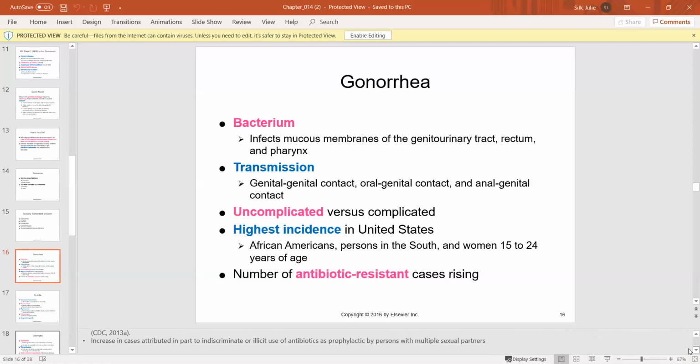Increasing cases are attributed in part to indiscriminate or illicit use of antibiotics as prophylaxis by persons with multiple sexual partners. So when we get these sexually transmitted infections, if you're constantly getting an antibiotic every time you turn around, then you're going to have something that is resistant to things. So it's kind of scary.